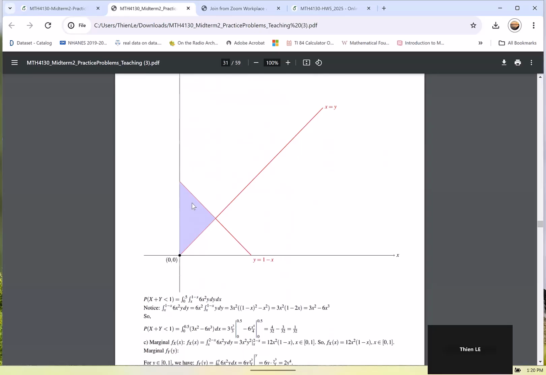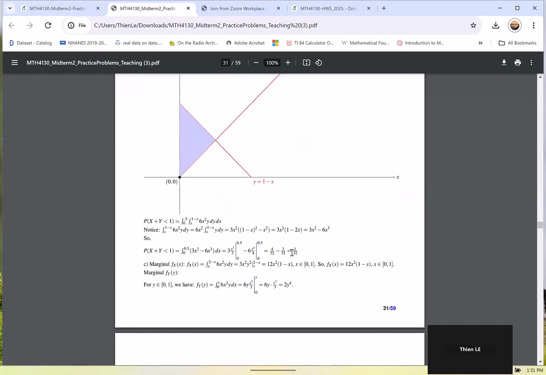With that, this is your new support domain, and k is specified already. So in this case you have x from 0 to half, and y from x to 1 minus x. And the same as above, you can find this will be 1/32.